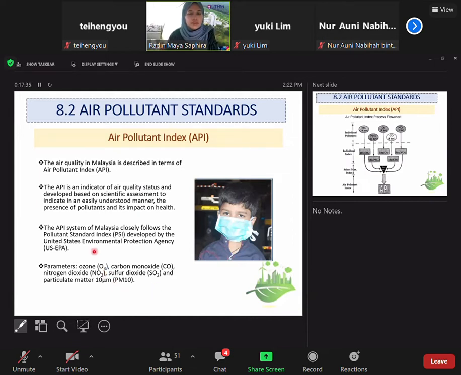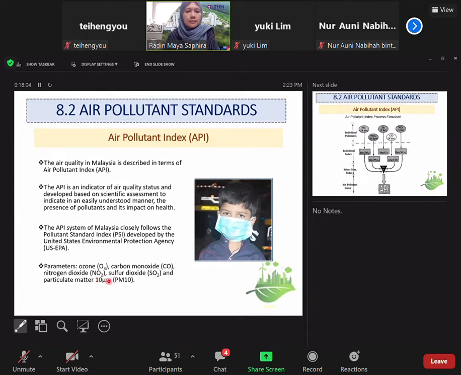Okay, so where do we read about the API? In which chapter? Chapter 4, on air quality, right? There are 6 parameters for the API: ozone, carbon monoxide, nitrogen dioxide, sulfur dioxide and particulate matter 10 micron.